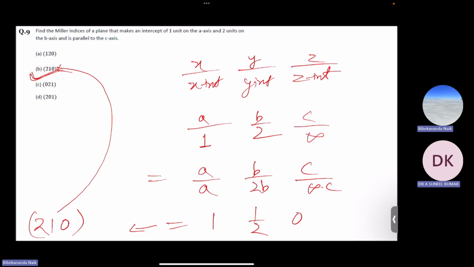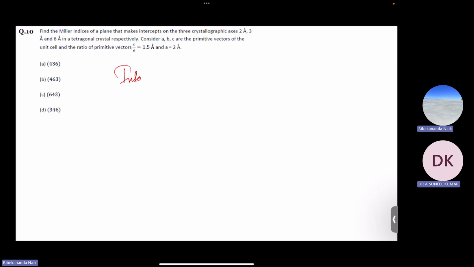So in the previous question, in the A axis it was 2 units of A, then the B axis and C axis. But here the values are given as 2 angstrom, 3 angstrom and 6 angstrom. We have to convert them in terms of A. So generally the intercepts will be PA, QB and RC.